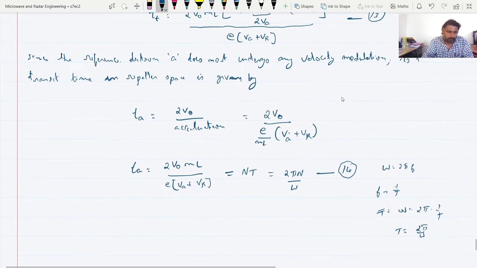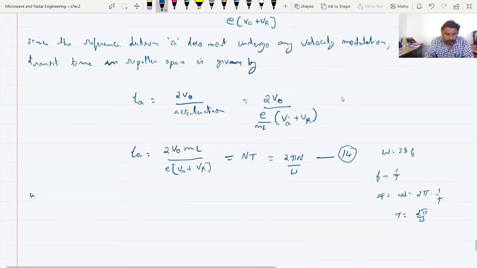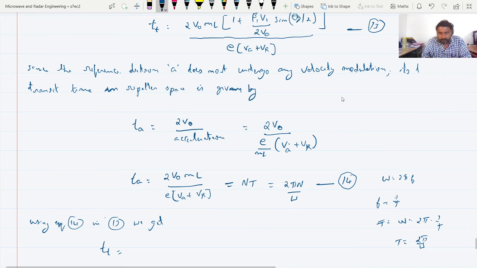So using this equation 14 in equation 13, what we will get is TT.